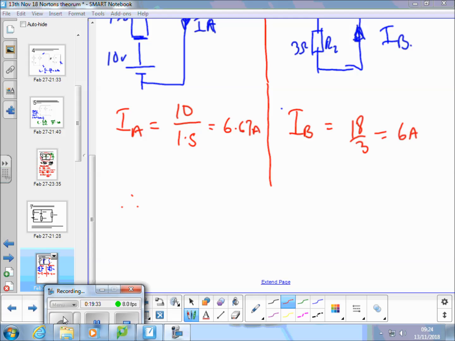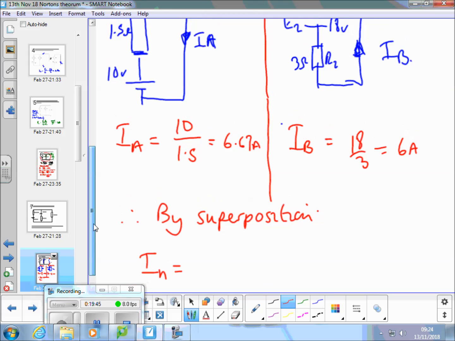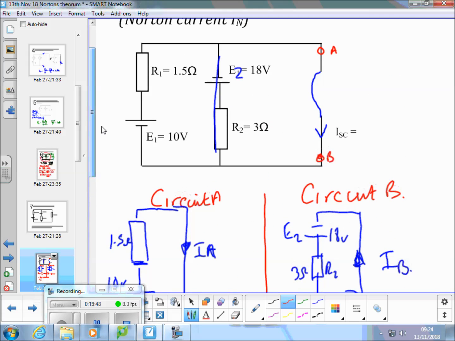Therefore, by superposition, IN is equal to, now these two currents are flowing one way and one the other. That's IA, and IB is going that way. They oppose each other, so the total current is the biggest one take away the smallest one, and it's in the direction of the biggest one.